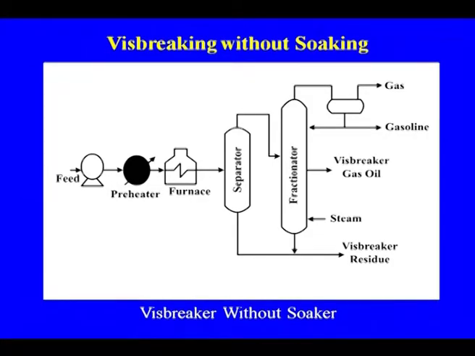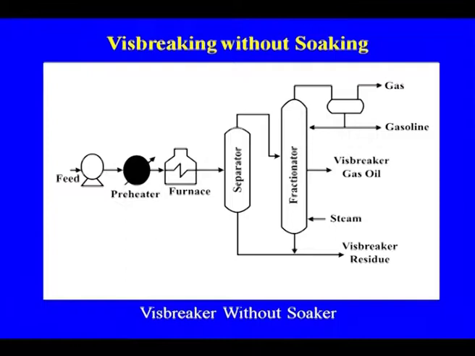This is the flow diagram of a typical visbreaker which does not have any soaker. The feed goes to the preheater, from the preheater to the furnace where the cracking takes place, and then the cracked product goes to the separator. From the separator, the heavier part is obtained as a residue, and the lighter product goes for further fractionation into the lighter and middle distillates and the heavier residue.